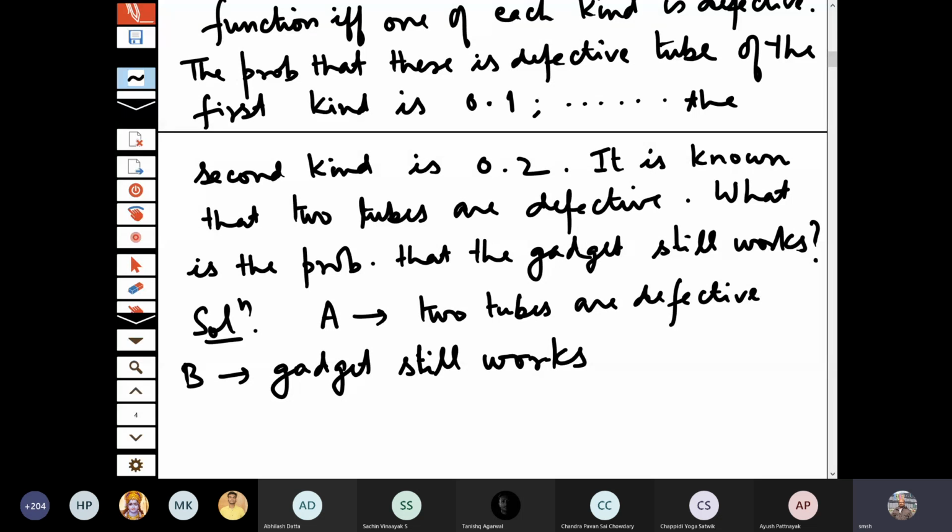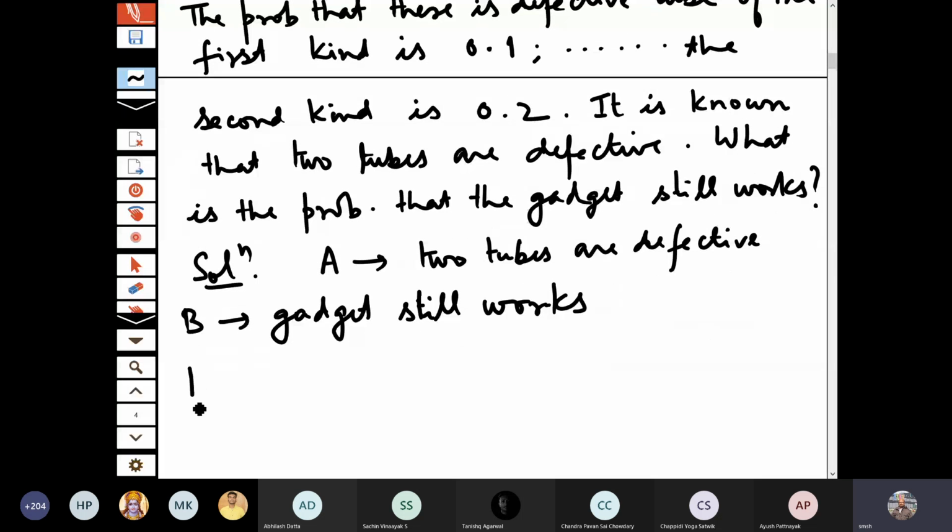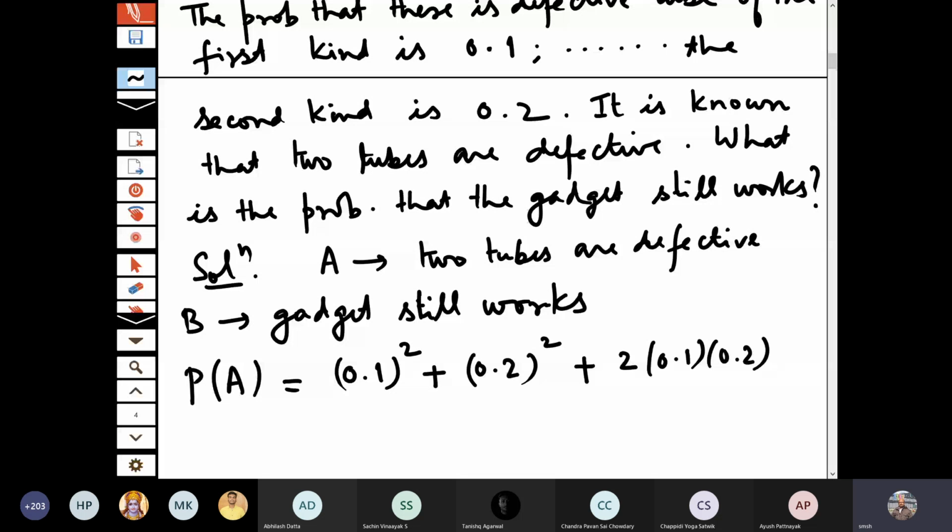Let us look at the probability of A. The probability of A is 0.1 squared, that is both defectives are of the first kind, or both are of the second kind, or one is of the first kind and another is of the second kind, and of course the ordering is taken care of. So this gives us 0.09.